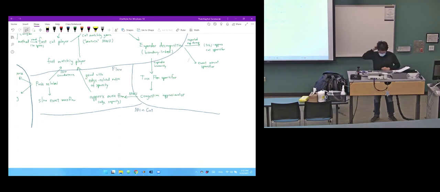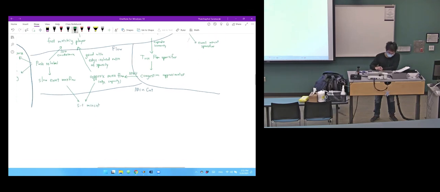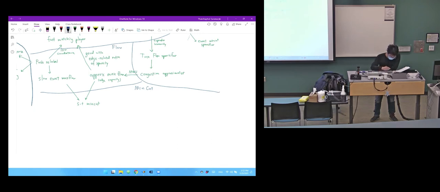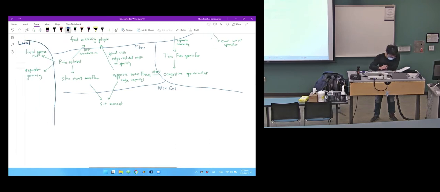So I'm out of time, but I will just continue. To get min cut, first of all, this thing can give you s-t min cut for sure, right? But there are other stuff.